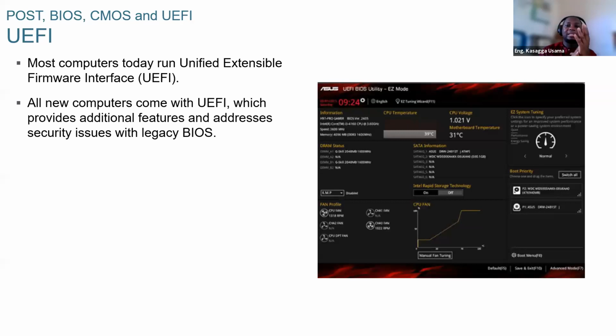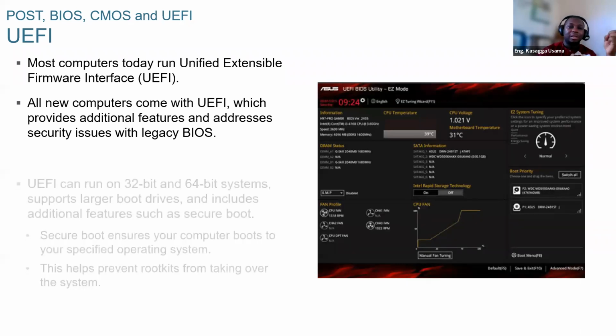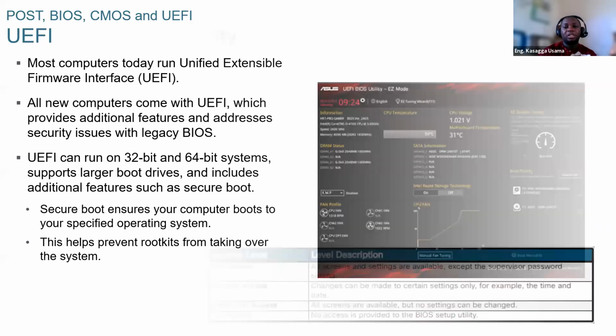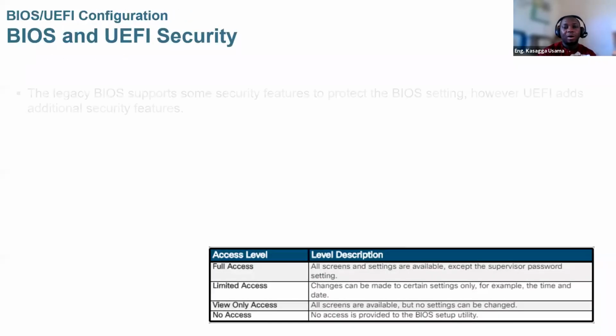All new computers come with that kind of firmware, which provides additional features and addresses the security issues with our BIOS. Nowadays, it runs on 32-bit and even 64-bit systems. Okay, so it supports both of them, regardless of the type of machine that you have.